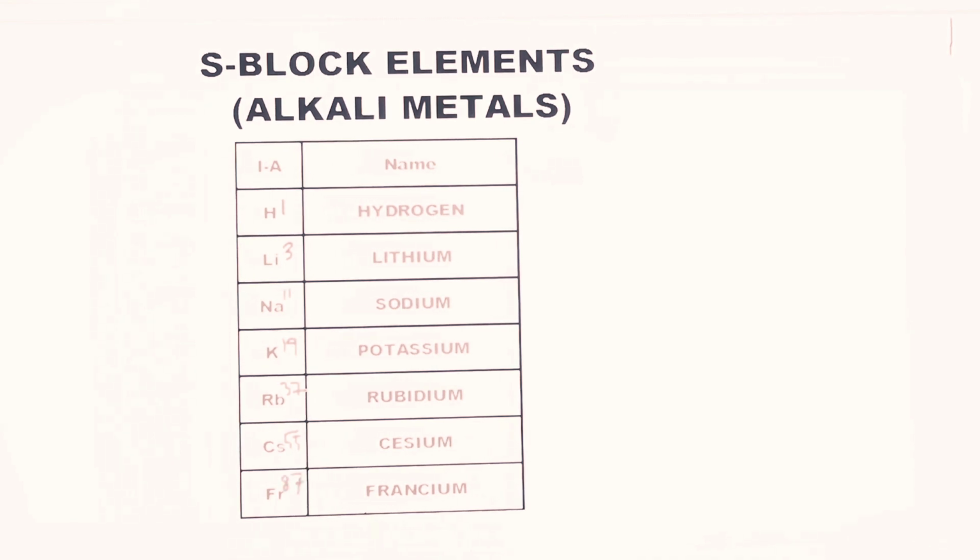So these are the elements of group 1A. The alkali metals refer to lithium to cesium. We will mainly discuss the properties of lithium, sodium, potassium, rubidium and cesium in this class.